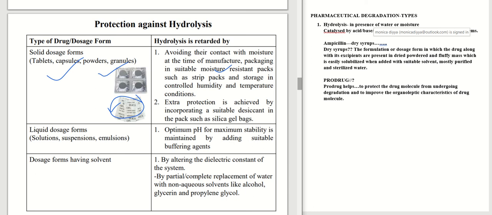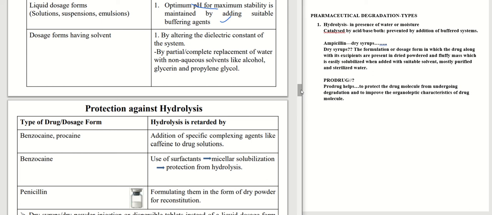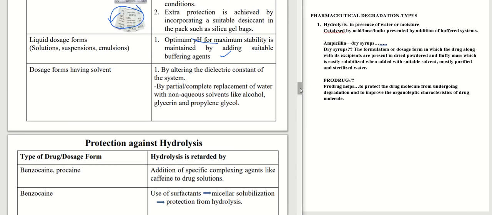Now let us discuss liquid dosage forms like solutions, suspensions, and emulsions. How can we protect them? By maintaining optimum pH with suitable buffering agents, so that there are no excess acids or bases which can catalyze this degradative mechanism. And again, by using a suitable solvent system of particular dielectric constant.